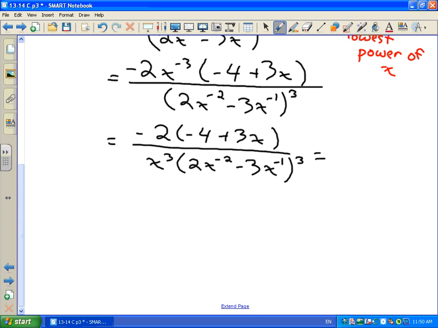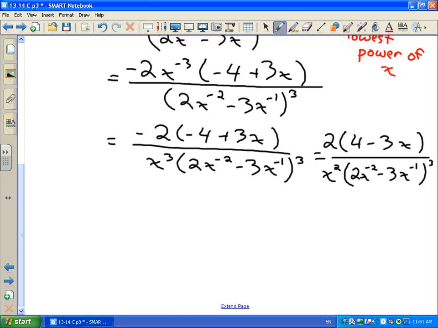If you're just factoring out a negative, you'd have 4 minus 3x, all divided by x cubed and all this mess to the 3, 2x to the negative 2 minus 3x to the negative 1. Okay, yeah, that's fine like that. Either way, it's pretty simple to take that numerator and solve it for 0 at this point. So that's the chain rule.